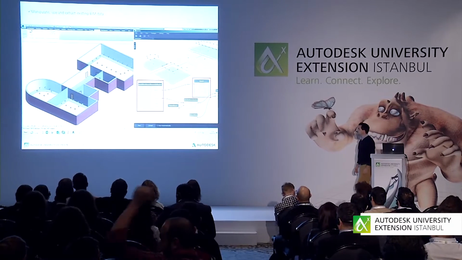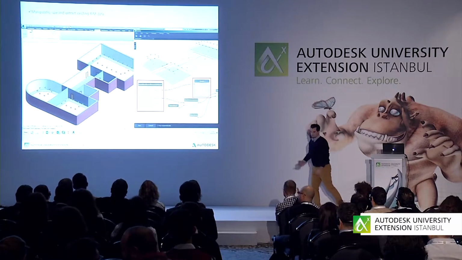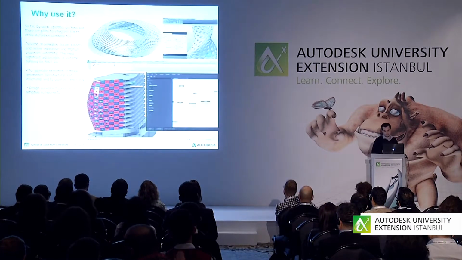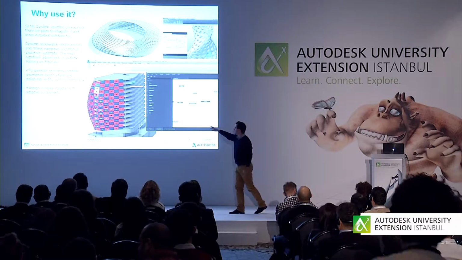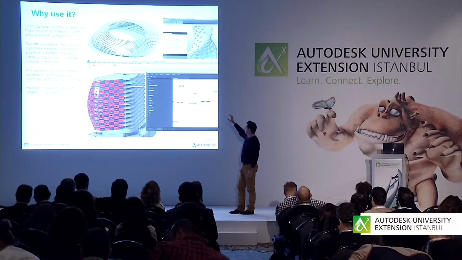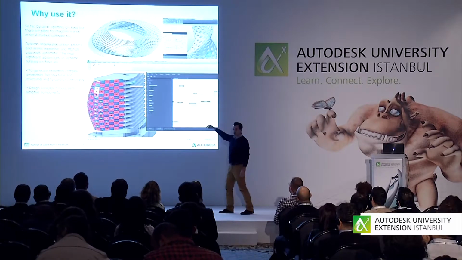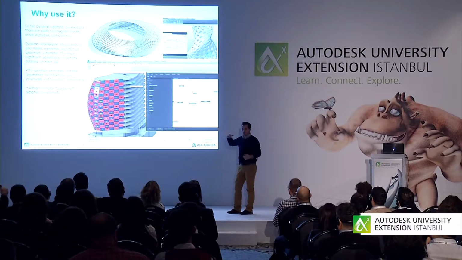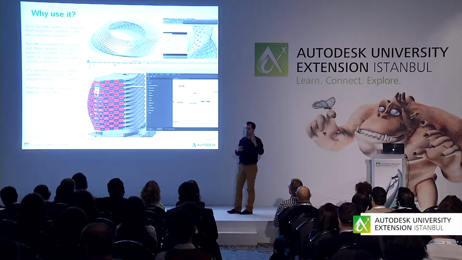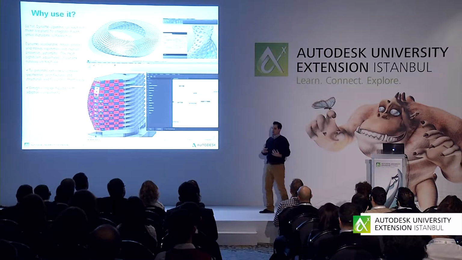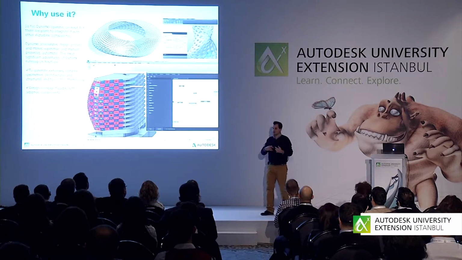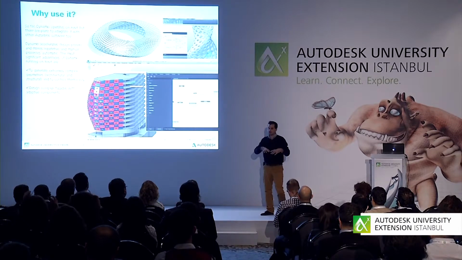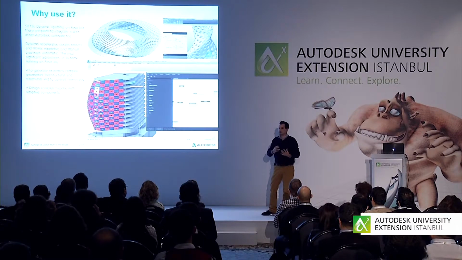On this example, sorry, I was maybe too fast. Here on this picture below you see a building done with a traditional process. It's also important to understand that you can apply Dynamo not to the entire workflow; you can use it in some areas, in some phases of your project.